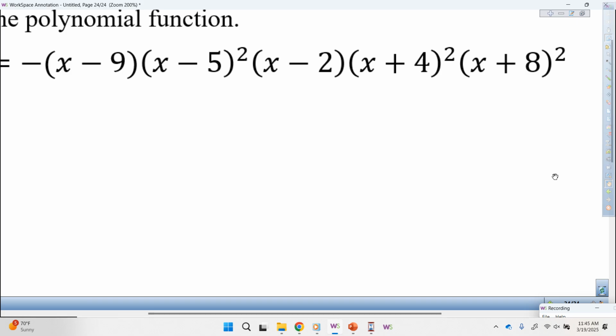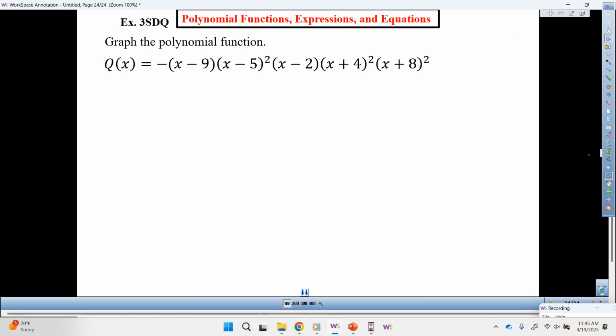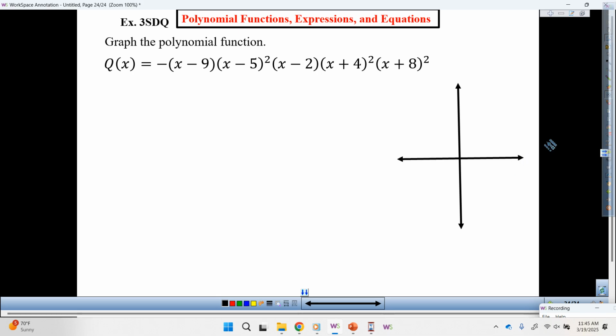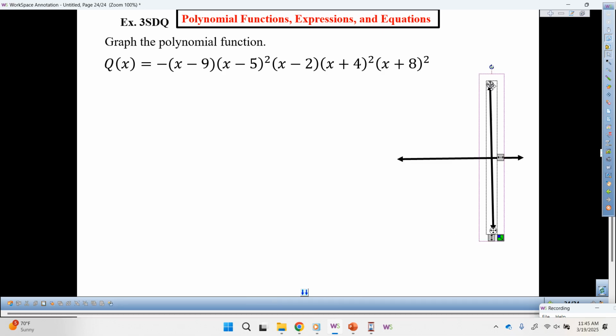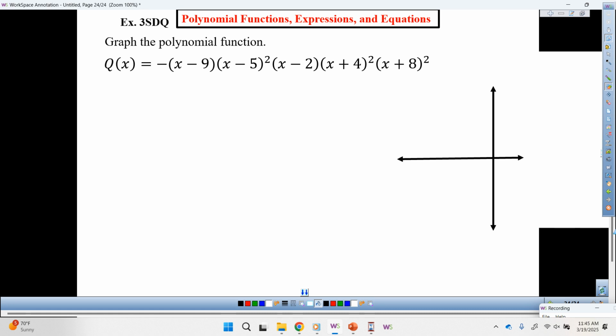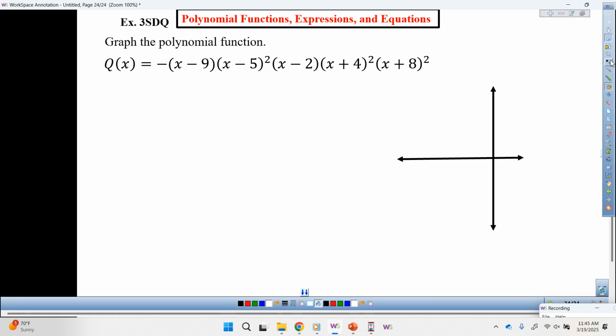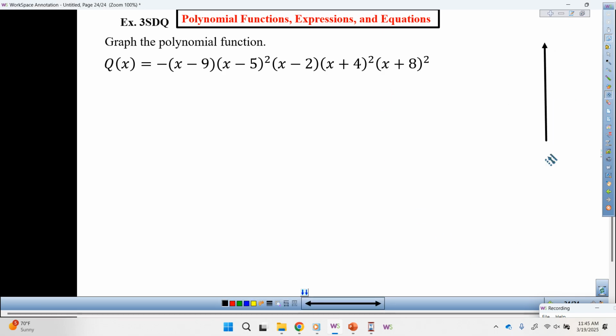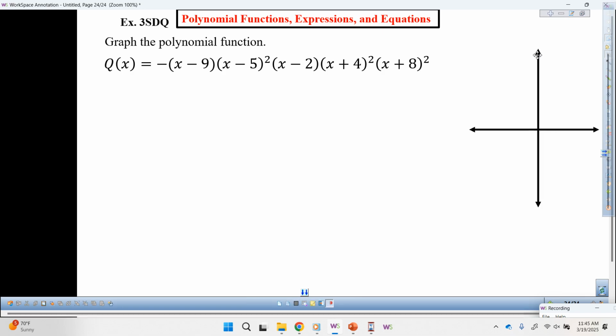Once again, you should be able to do this one by yourself, the whole thing. Okay, I'm going to zoom out. All right, for the sake of time, here we go.